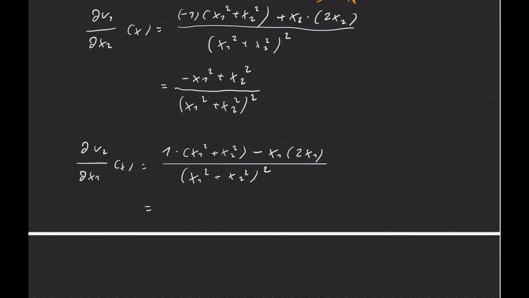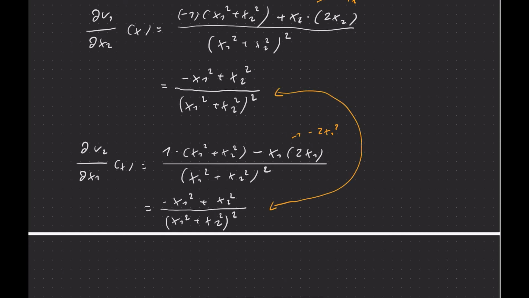And what we get is, well, here we have minus 2x1 squared. And here we have x1 squared plus x2 squared. So we get minus x1 squared plus x2 squared over x1 squared plus x2 squared, squared. So what we can see here is, in the result, these two expressions here coincide.